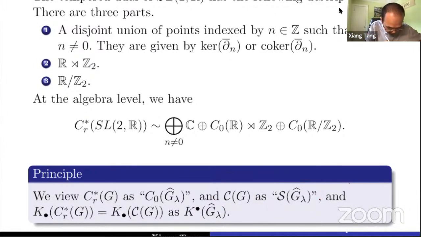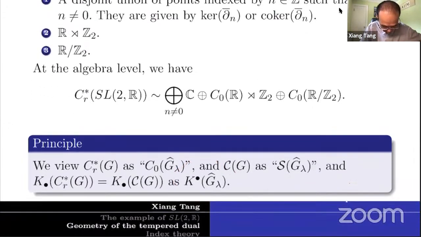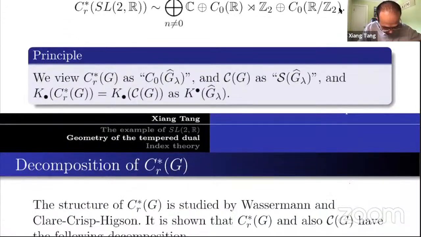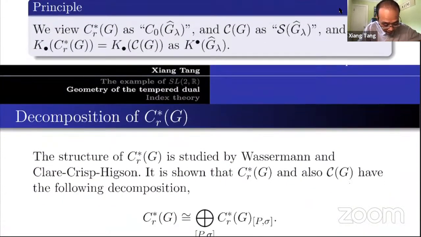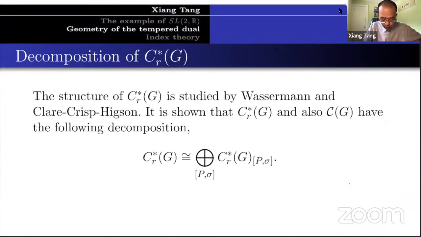Then for the K-theory of these two algebras, there's no distinction, just like what we have for manifolds. Smooth K-theory or topological K-theory, there's no difference. We view them as K-theory on the tempered dual. Okay, so that's the principle we would like to use to study our algebra and the dual.